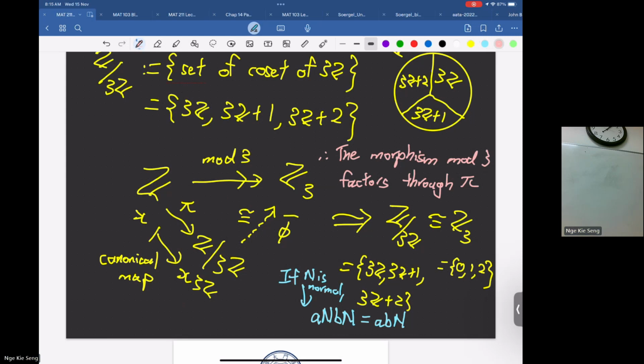So in this sense, we'll say that the morphism mod 3 factors through pi, because I can write mod 3 equals pi composed with phi bar. So it factors into two morphisms here. Okay, now.